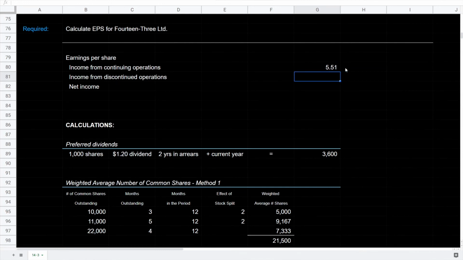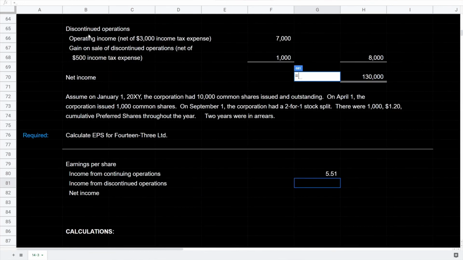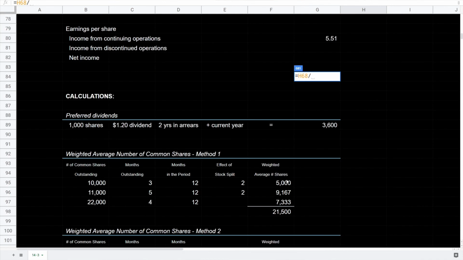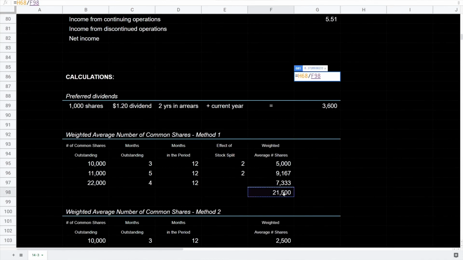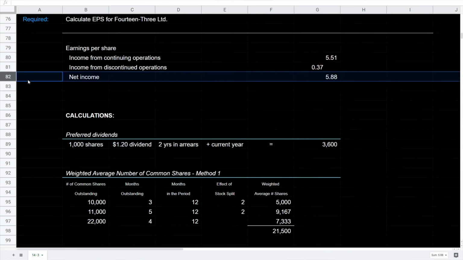For discontinued operations, we can take our total from discontinued operations, which was 8,000, and the preferred dividends were already subtracted from continuing operations, so there's nothing to subtract here. We can just divide this by 21,500, and we get 0.37. So the total earnings per share is $5.88.